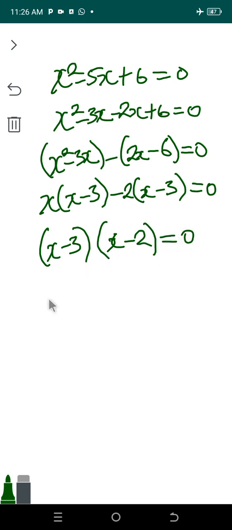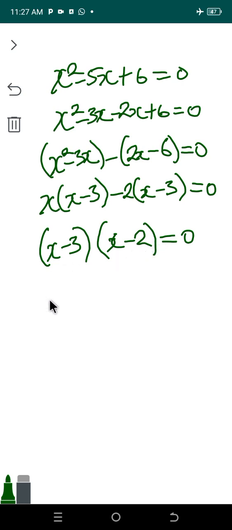So at this point in time, there is one thing I want all of us to observe and to know. For any numbers multiplying each other, you can see that this one is multiplying this one, and the result here is equal to 0. It is either one of the numbers is 0 or all the numbers are 0.